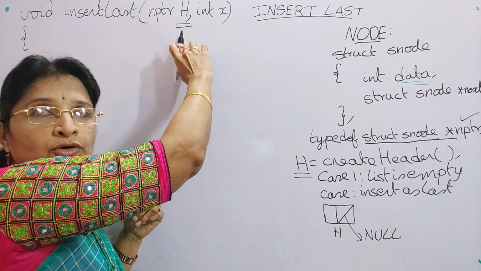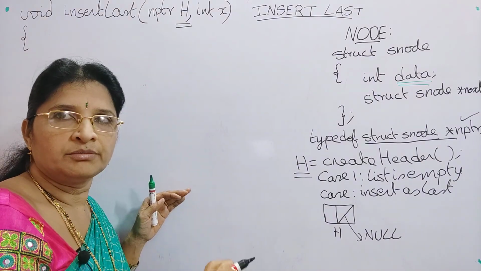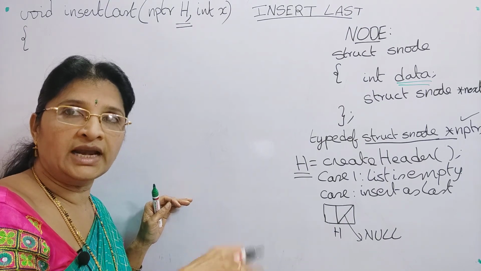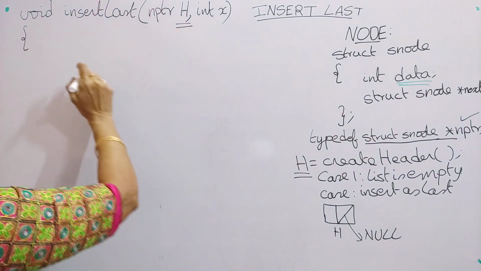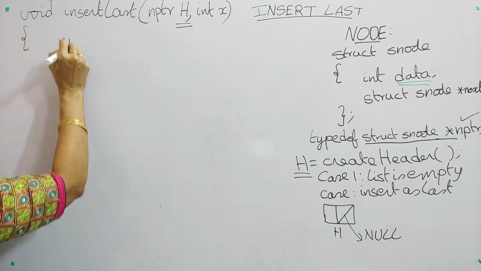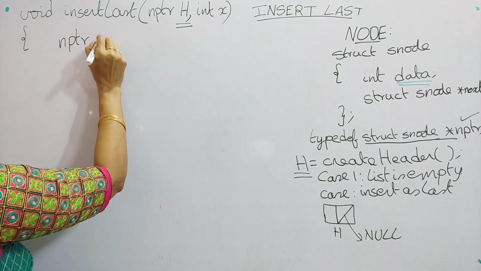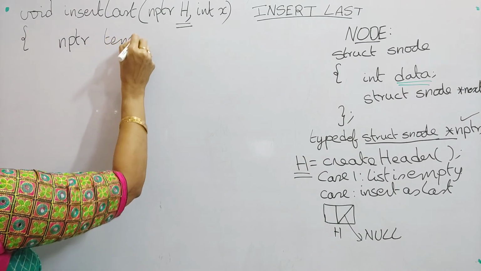So don't use h on the left hand side of the assignment operator, because that means you are trying to change its value, and that should not be done. Instead, we will use a temporary variable. What is its data type? It is nptr, and I am giving a variable temp.